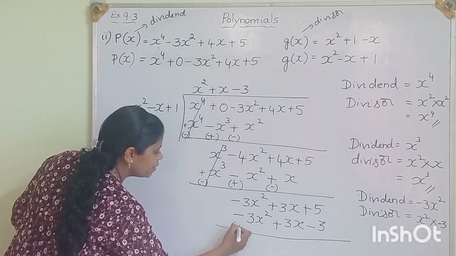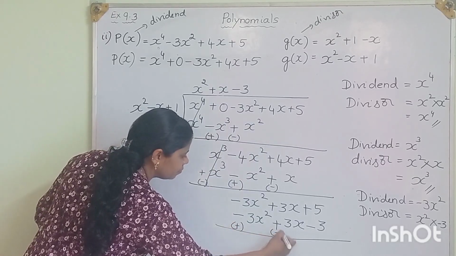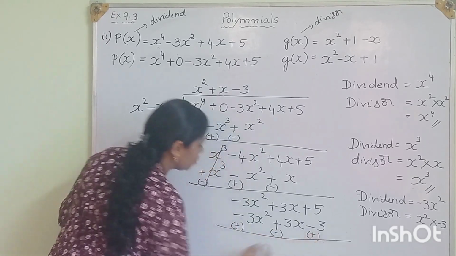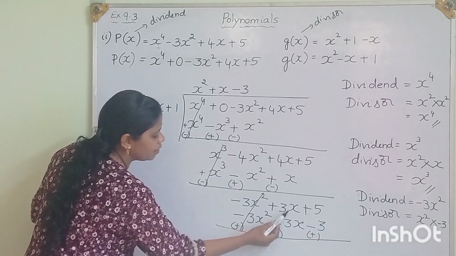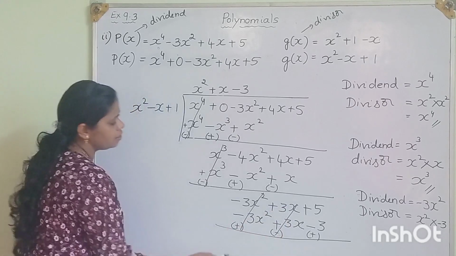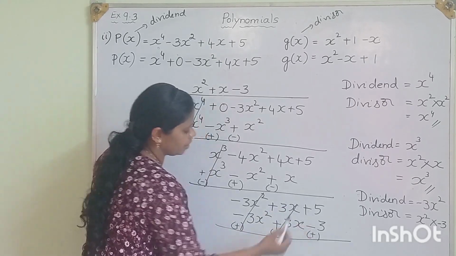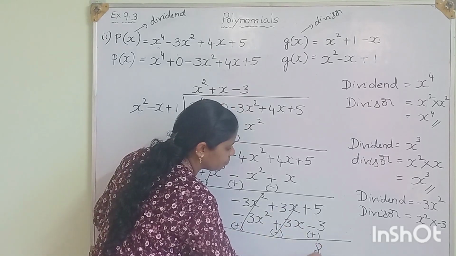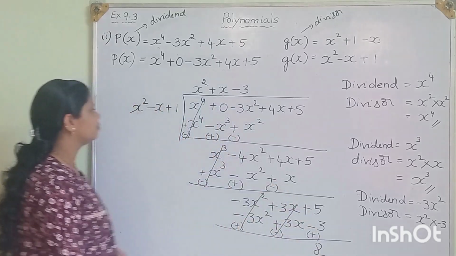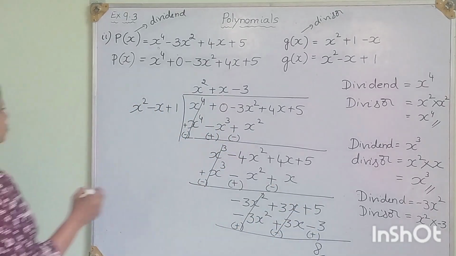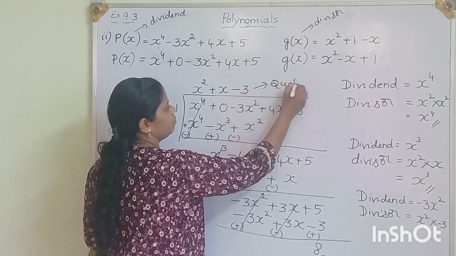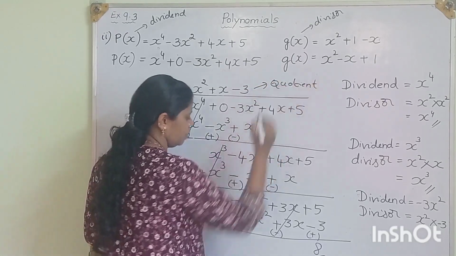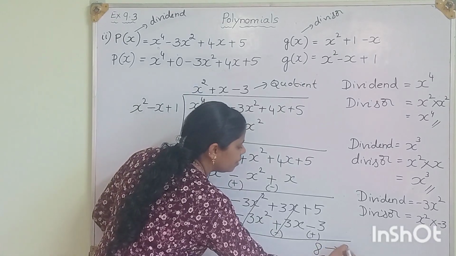In subtraction we will change the sign. Minus 3x square plus 3x square, it will get cancelled. Plus 3x minus 3x, it will get cancelled. Plus 5 plus 3, it will become 8. Right? Now this is our quotient and this is our remainder.